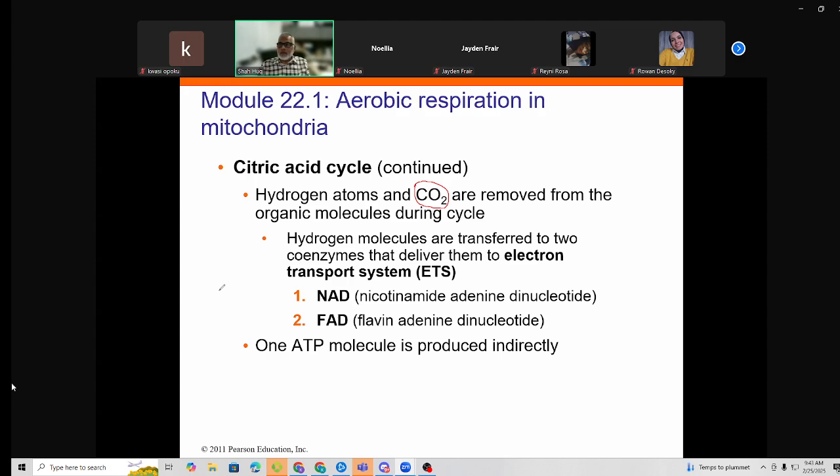So one thing you should know is that when the reaction is taking place inside the mitochondria, oxygen is used in both the ETC and the citric acid cycle. So these two reactions are combinedly known as oxidative respiration, where oxygen is used.